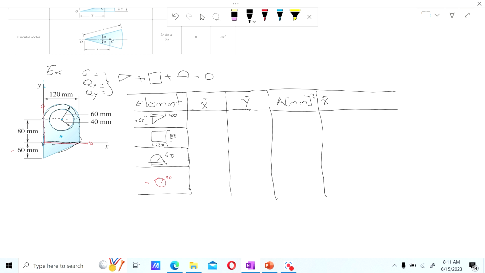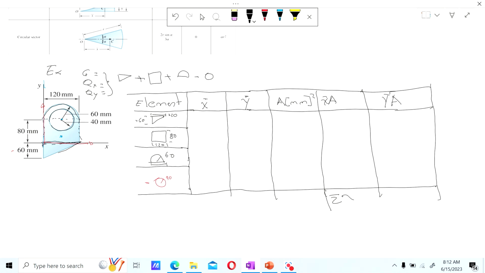Then we have to find X times A. Then we have to find Y times area. And actually that's all. Y A. Okay. And then down here we have the summation of XA and summation of YA.